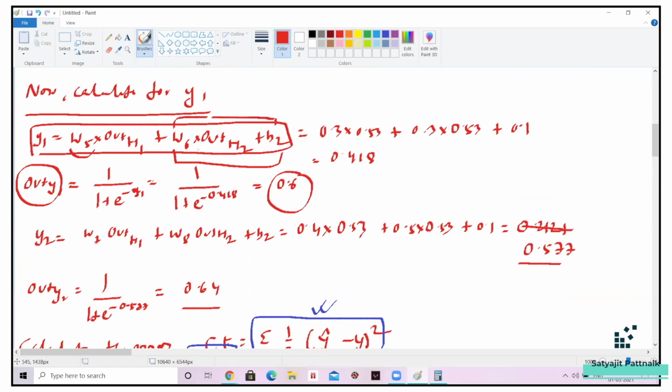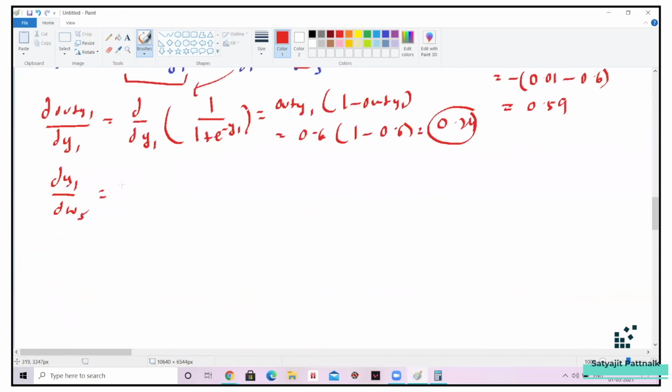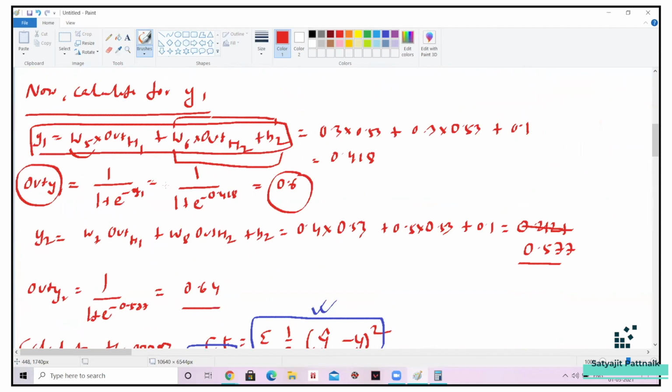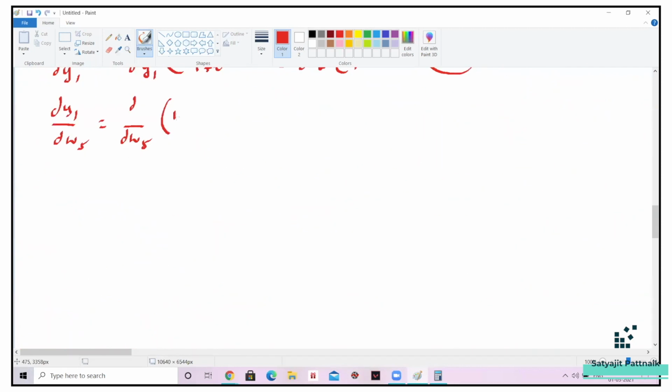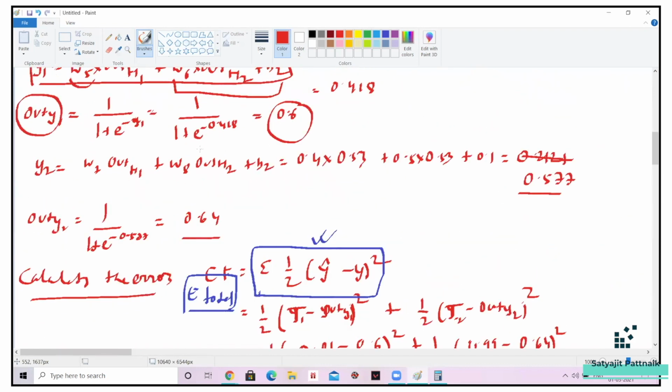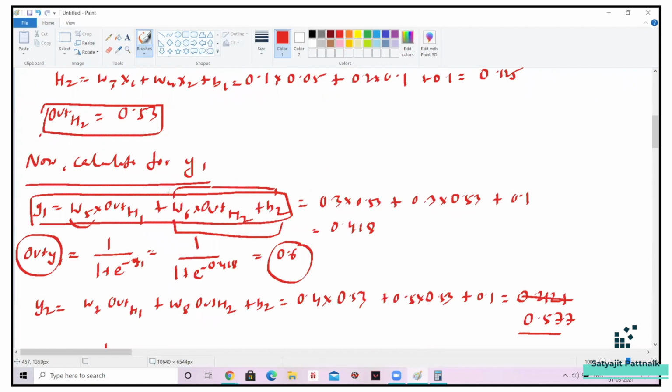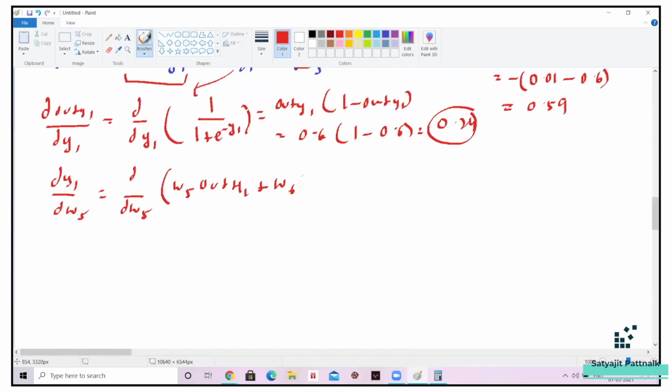For w5 it's going to be constant. So let me just write it down first. Y1 is nothing but w5 into output of h1 plus w6 into output of h2 plus b2. These are constant, right?